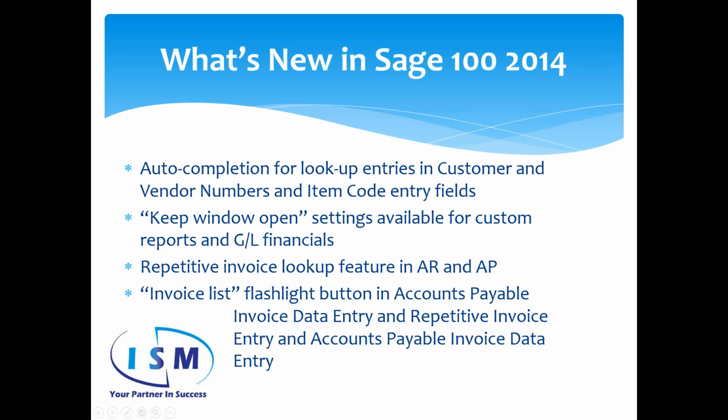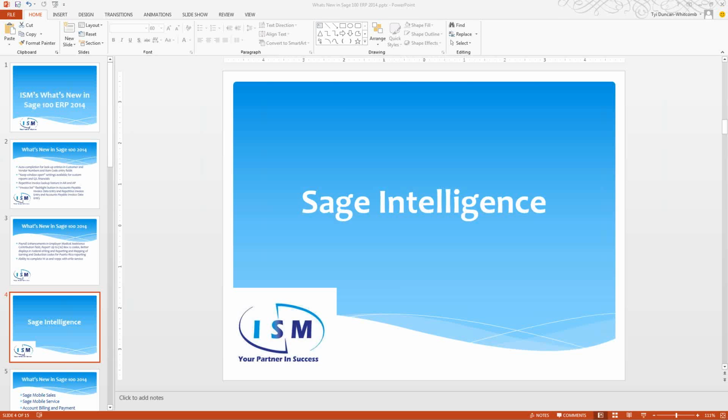So some of the new features that got thrown into the new version is we now have an auto-completion for lookup entries in customer numbers and vendor numbers and item code entry fields. And I'm going to feel like I'm flip-flopping a bit, but I figure probably the best and easiest way for us to be able to do this is I'm just going to kind of show you the features as we go along, and in that way, if there's any questions as we go along, everybody can feel free to interject and let me know.